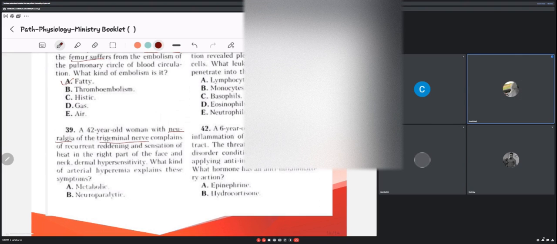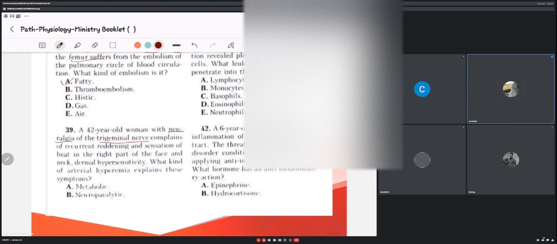So now it is not damage to the nerve. It is just nerve pain. That's why I told you damage or destruction of the nerve will be neuroparalytic, but any other cause outside that will be neurotonic. But here it's not affecting the nerve. Neuralgia is pain on the nerve.